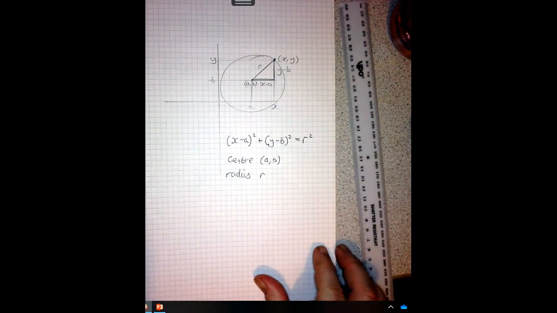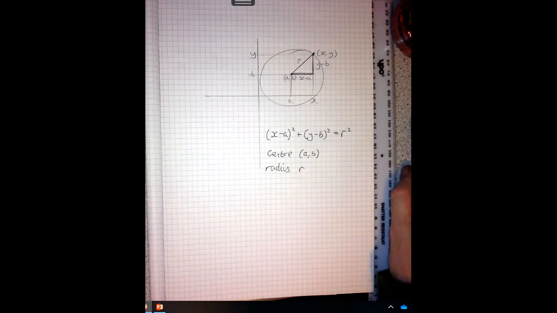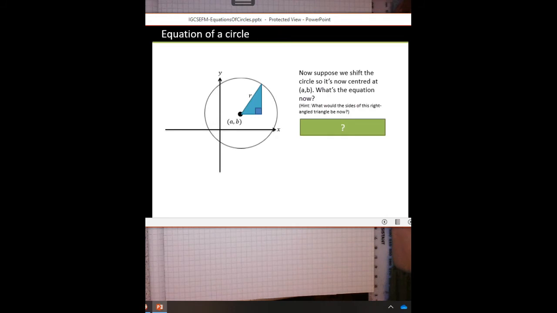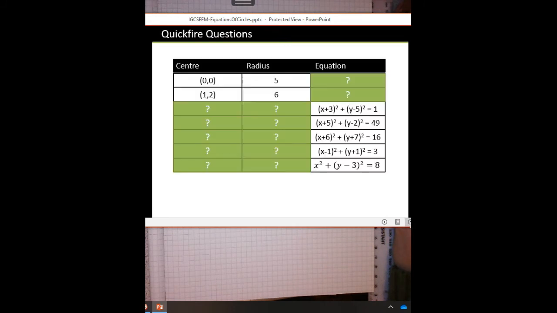And then pause the video again. Fill in these, please. Okay, here come your answers. It's a GCSE one because it's centred at 0, 0.